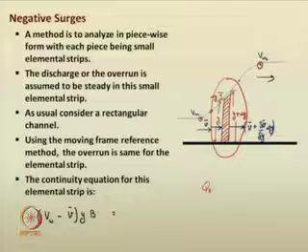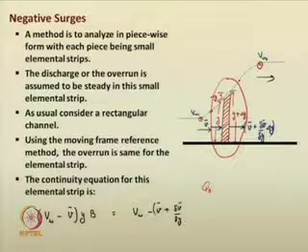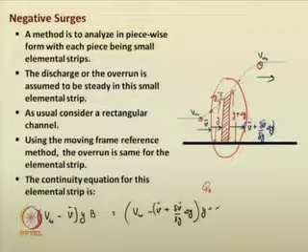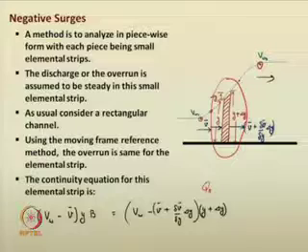We are considering that elemental strip to be steady, so I can write the conditions like this. Now, on the right side, we have V bar plus del V bar by del y into delta y, into y plus delta y, into the breadth of the rectangular channel. So, this will be your continuity equation.